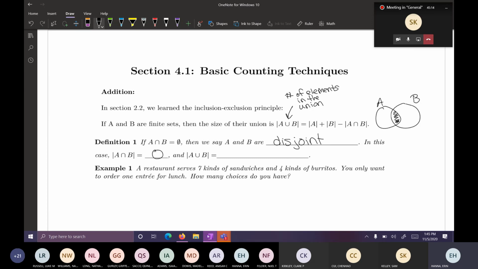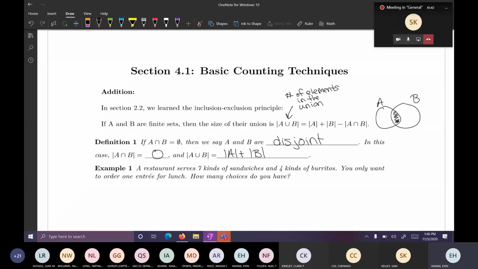There are no elements in the empty set. And if we wanted the cardinality of their union, since they're disjoint, we can just add the two cardinalities together because we don't have to consider this last piece, since it's 0. So if they're disjoint, you can just add the elements of each set up and not have to worry about it.